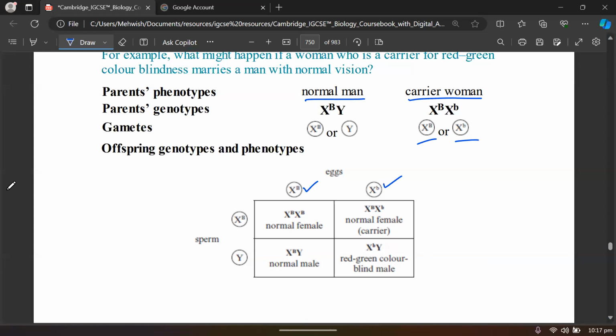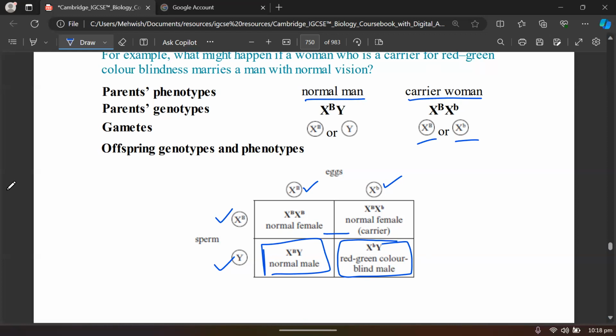And when the male produces gametes, he will produce X with capital B and a Y. There are 25% chances for the son to be colorblind. Whereas both the daughters will be normal for color vision, and one normal boy or male will also be produced.